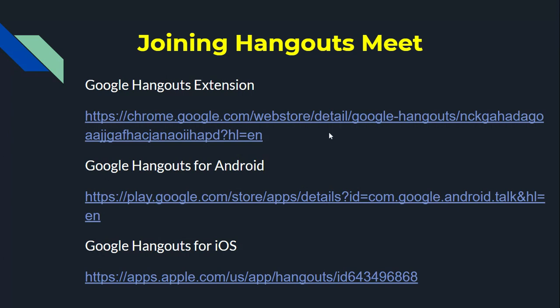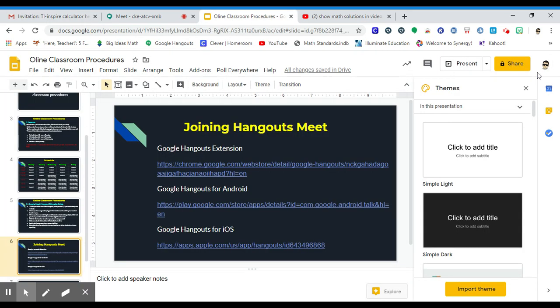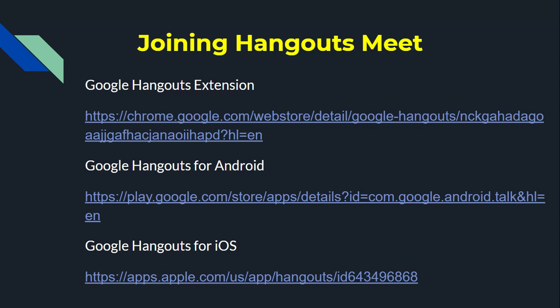So there you go, joining Hangout Meets. I showed you a while ago how to join a Hangout Meets. That is by clicking the link here, and then it will give you the link. Now, some of you are already using Google Hangouts. Some don't have it.